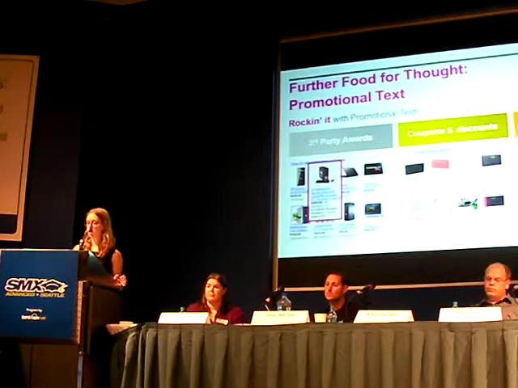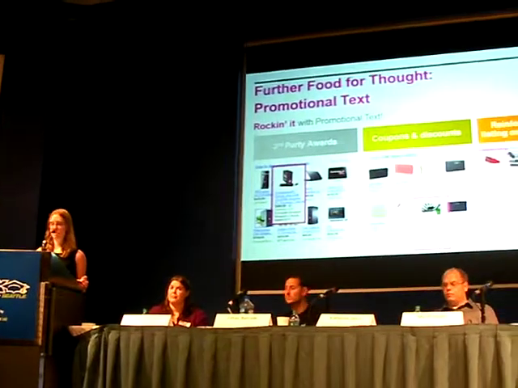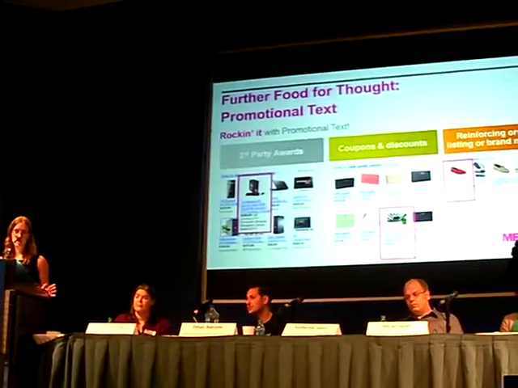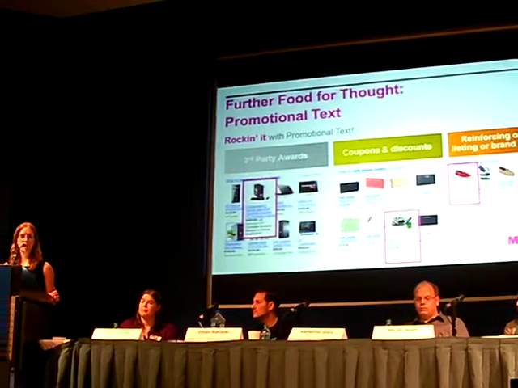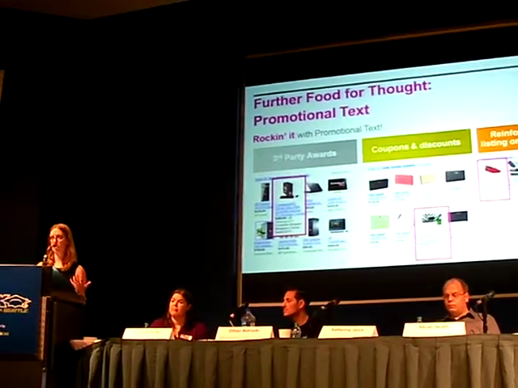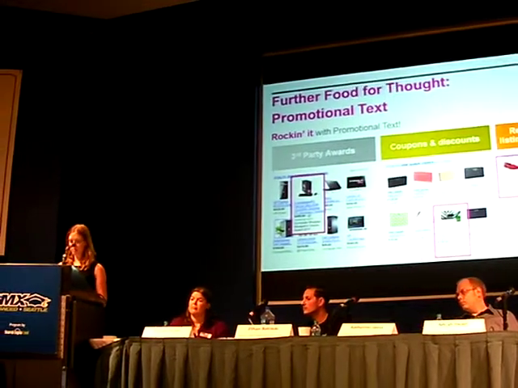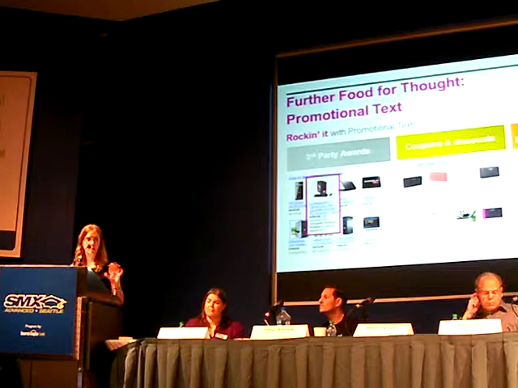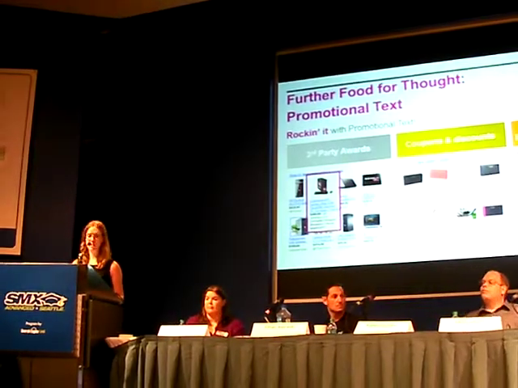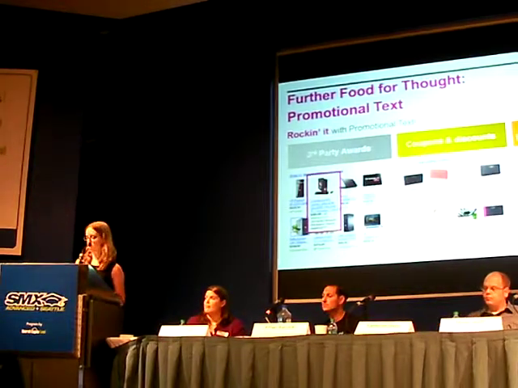You can also reinforce your organic listing or your brand message. So for Tom Shoes, Nordstrom.com uses one pair sold equals one pair given to a child. So drive that message that's really important to you and your brand home. And Katie will talk a little bit about some testing and different experiences that she's had with promotional text, specifically with REI in a little bit.